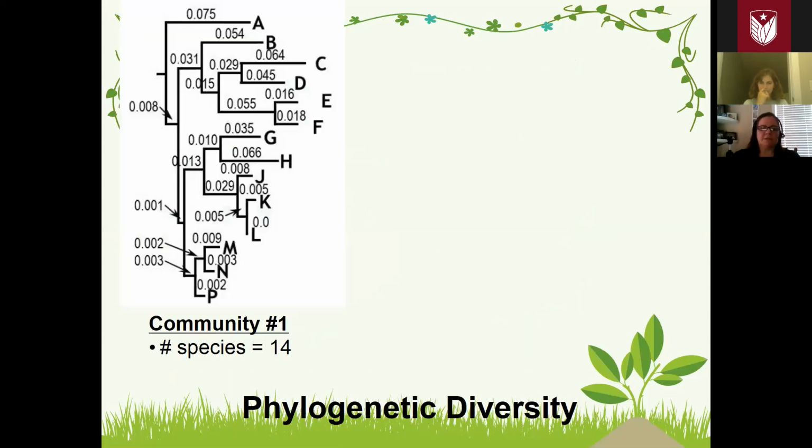Let me give you an example. This is community 1. The A, B, C, D represents the 14 different species that we said were in community 1. We have these lengths of branches that tell us how much genetic evolution has occurred.